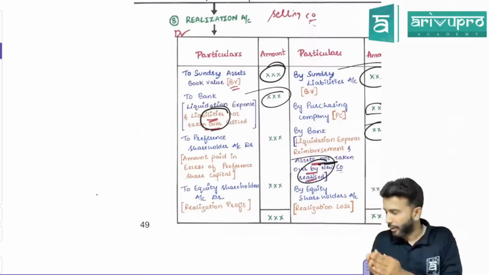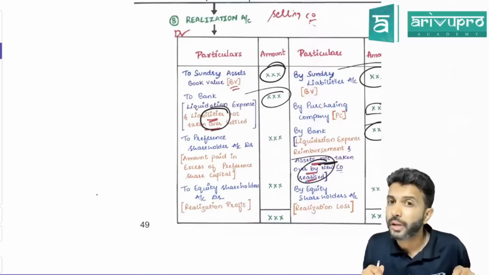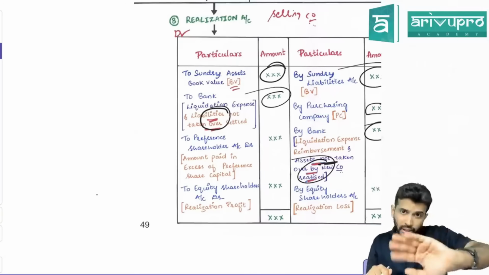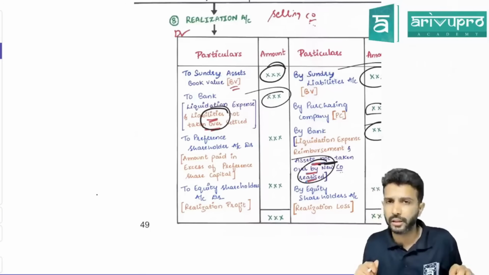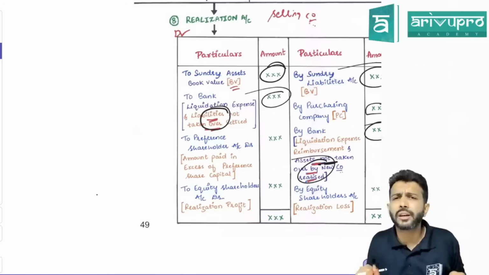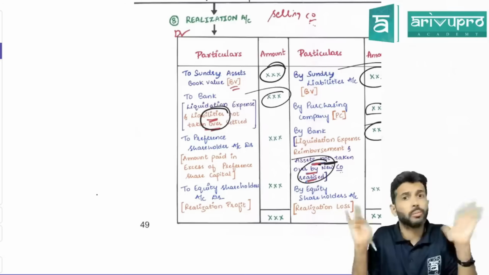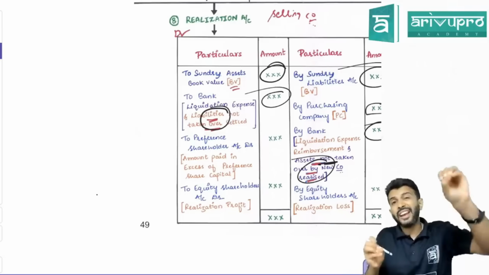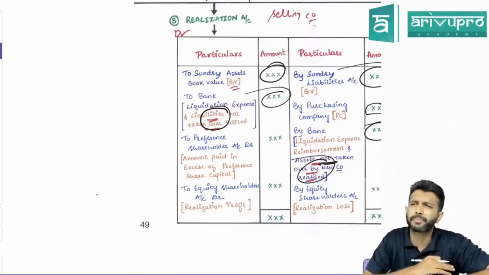Okay. And you could have some amalgamation expense. Is it necessary that amalgamation expense has to be incurred only by the purchasing company, or could it also be incurred by the selling company? Again, that's a negotiation. Sometimes the purchasing company will incur, sometimes the selling company will incur, or sometimes both will incur. It depends. So if the selling company incurs any amalgamation expense, what is the journal entry for any expense?